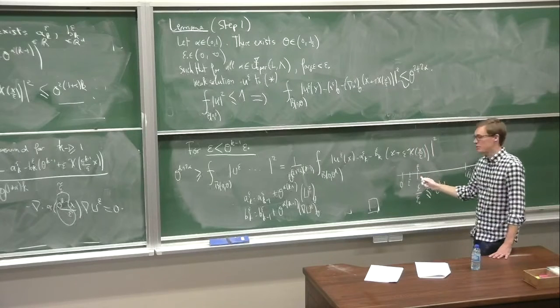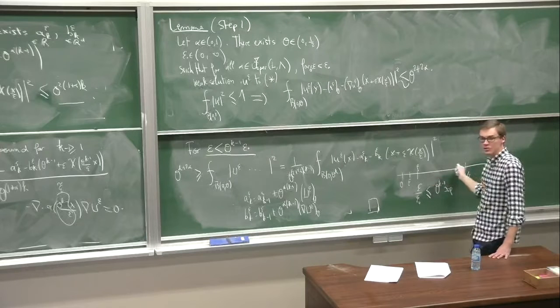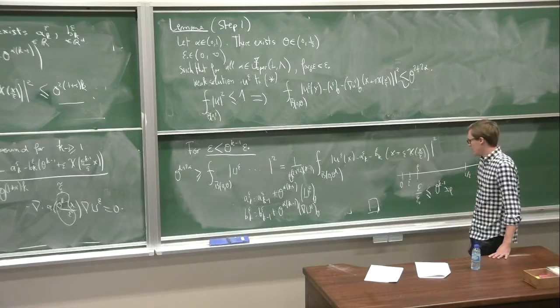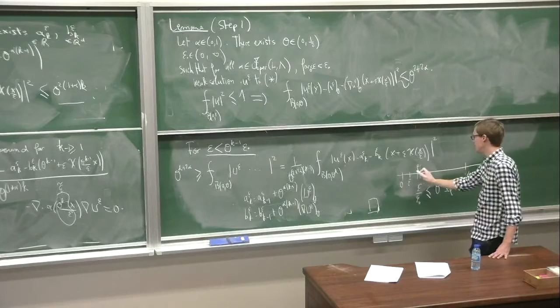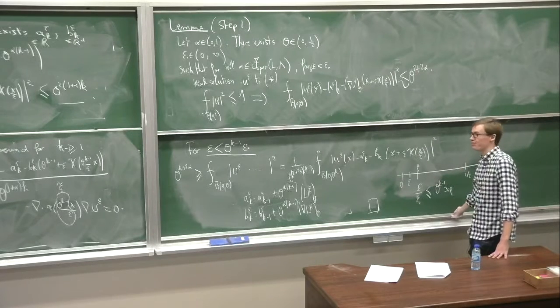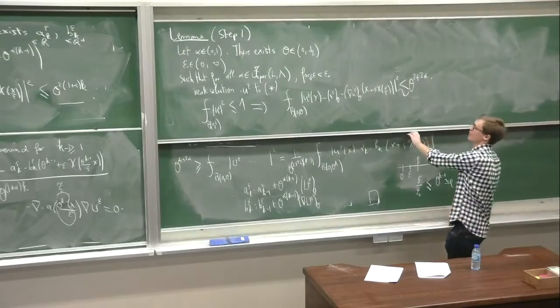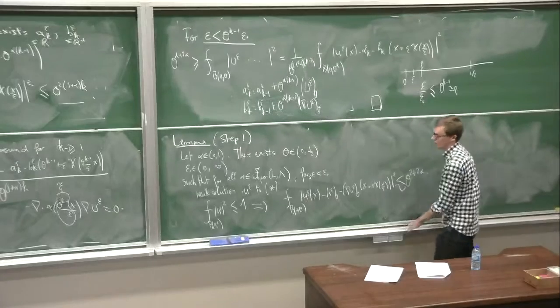So that's what I meant with improved regularity taking place on scales epsilon to 1/2. And actually this improved regularity is now the key tool for getting Liouville type theorems.